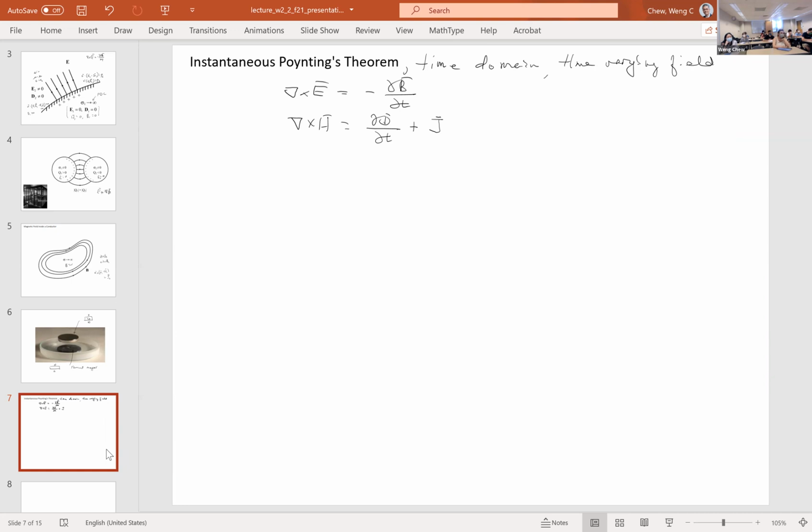Okay. So let's make things symmetric, as mathematicians like to do. Faraday's law does not look like Ampere's law. Ampere's law has an extra term, J, but that's not in Faraday's law. Mathematicians love symmetry. So even though we don't have magnetic current, why don't we put it there just for symmetry and define something called a magnetic current, which is fictitious.